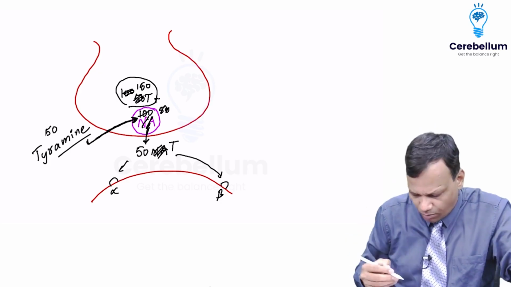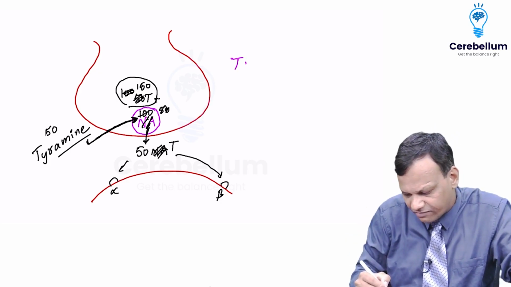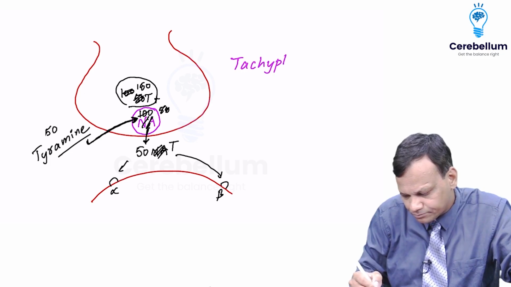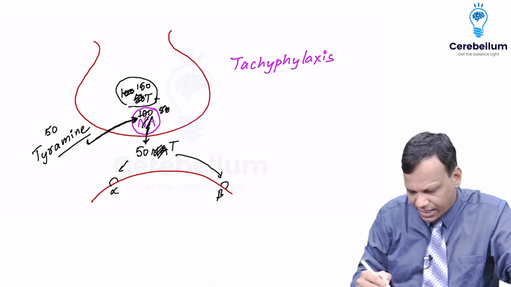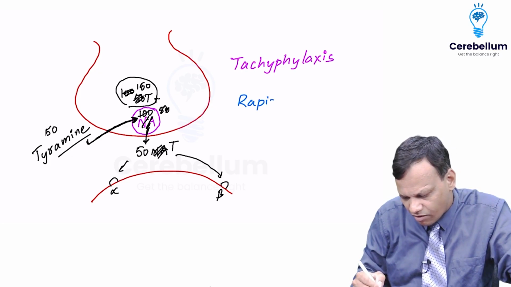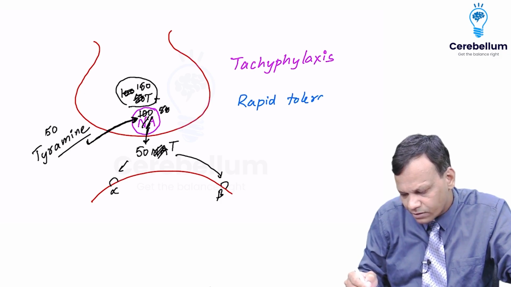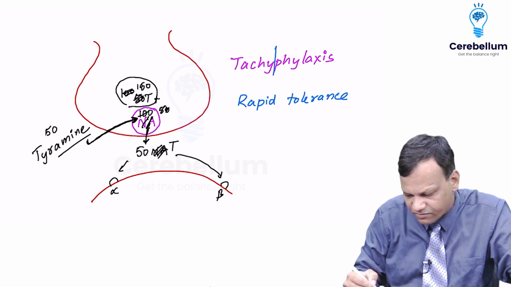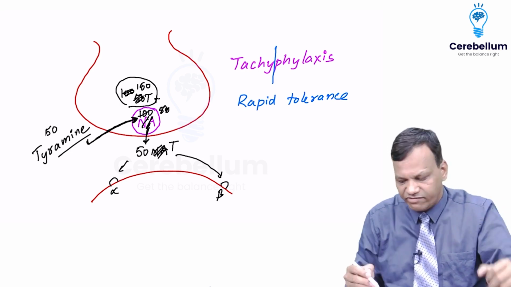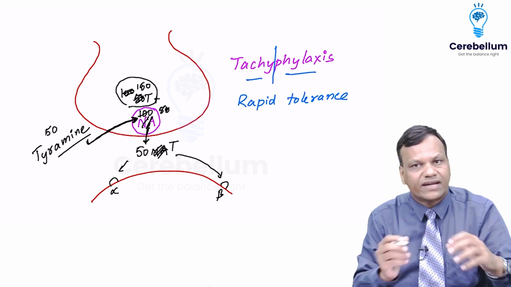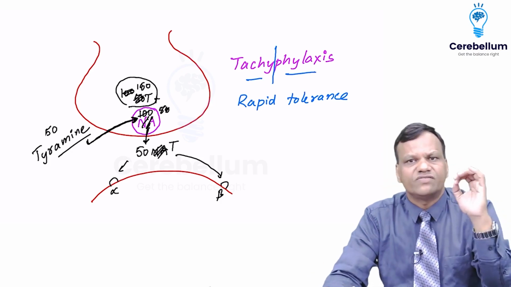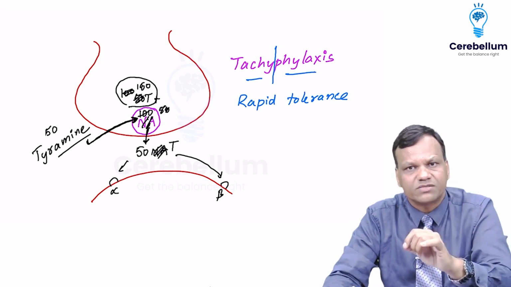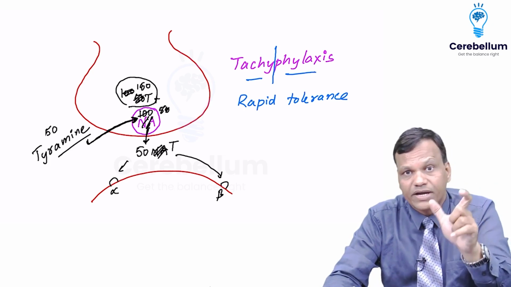So this phenomenon is known as tachyphylaxis, which is the rapid development of tolerance. You can see the word tachy means fast, like tachycardia. Phylaxis means tolerance. So that rapid development of tolerance is called tachyphylaxis, and that is seen with the drugs acting by displacement. Tachyphylaxis, rapid tolerance.